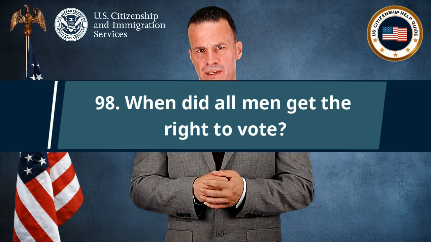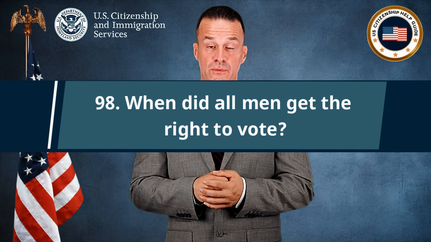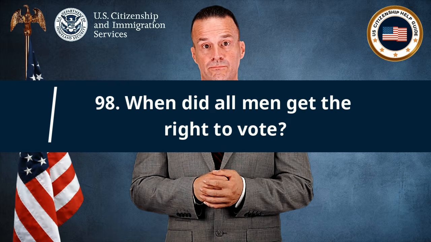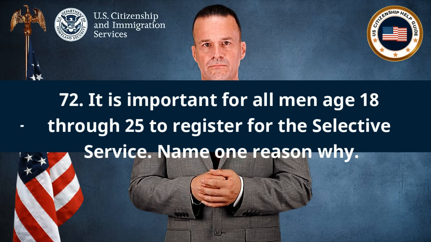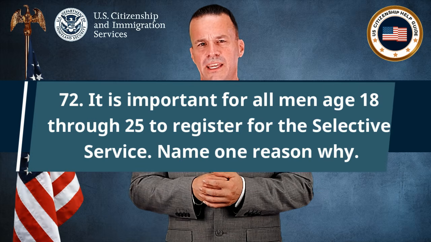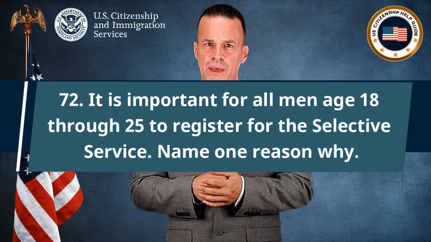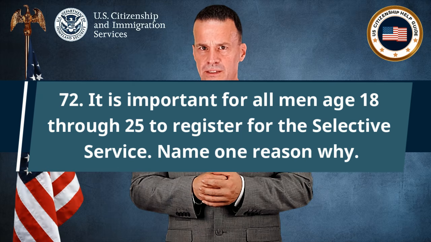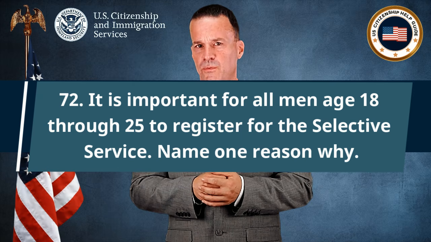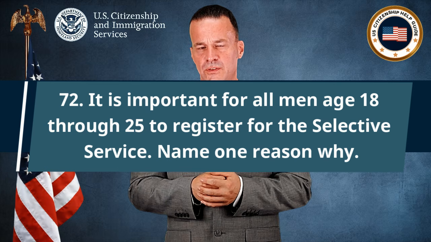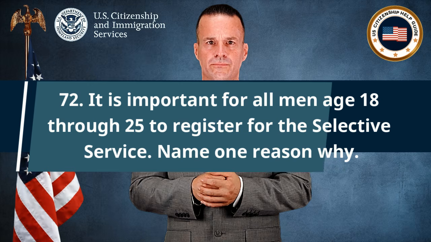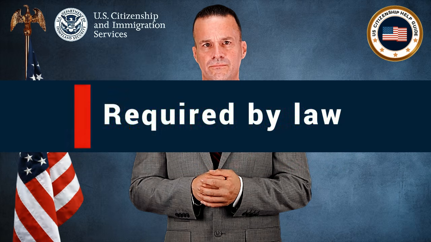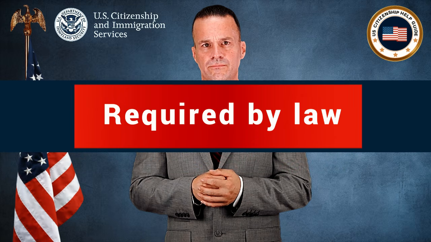When did all men get the right to vote? After the Civil War. 72. It is important for all men aged 18 through 25 to register for the Selective Service. Name one reason why. Required by law.